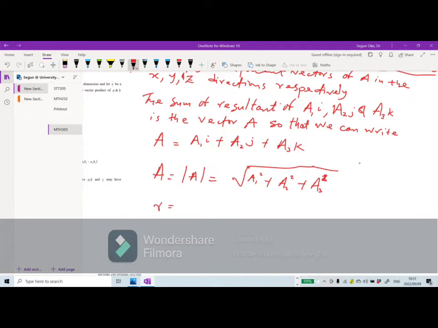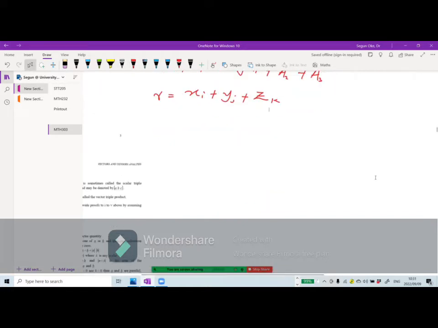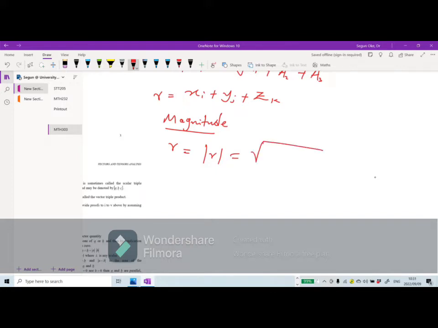Then our R will now be Xi plus Yj plus Zk. When they ask us to calculate the magnitude, we have the absolute value of R equal to the square root of X squared plus Y squared plus Z squared.